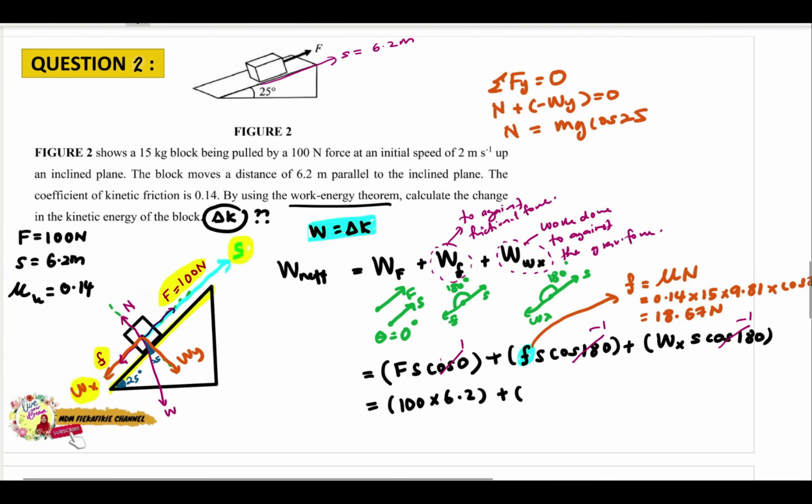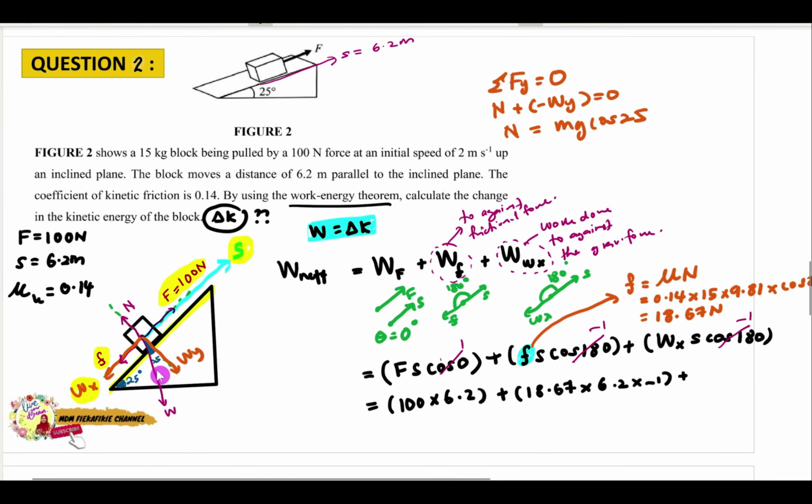Okay, 18.67 Newton. So you can substitute here 18.67 times S, the displacement 6.2, times -1, cos 180. And then plus WX. WX is mg sin 25. Where do we get WX?